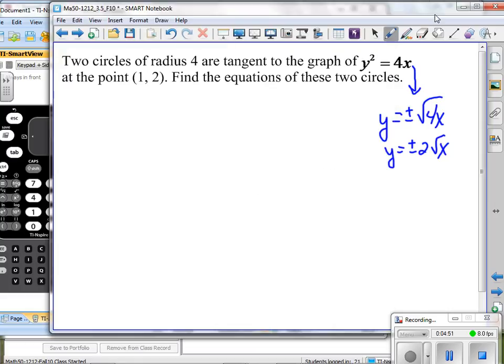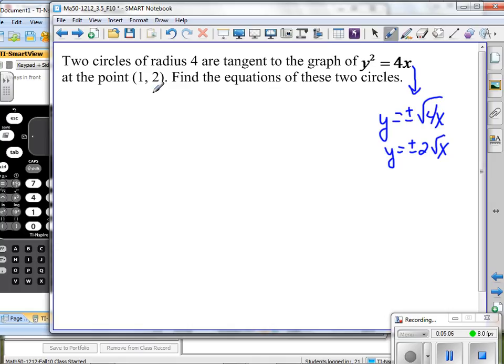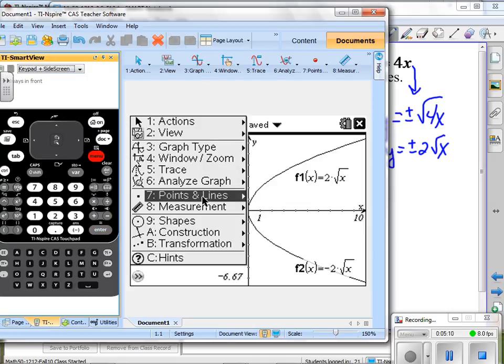Now, we want to have two circles. The circles have radius 4. Okay, so identical circles, same radius. These circles are tangent to this graph at the point (1, 2). Well, let's put a point on here. That will help us then.